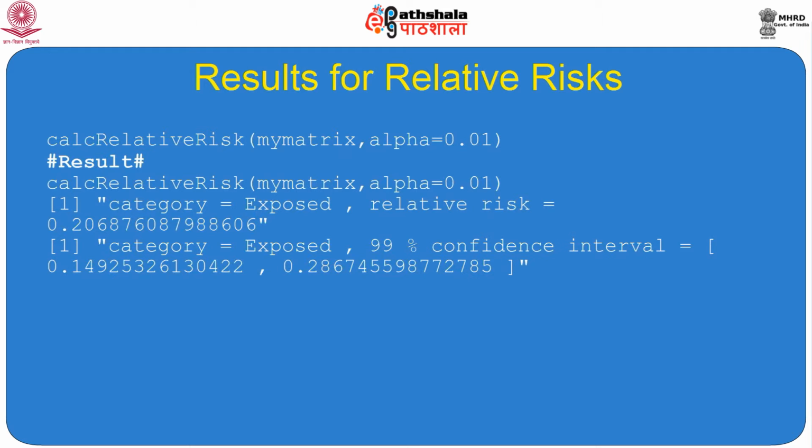So people who are exposed, consuming olive oil, have lower chance of disease, that is myocardial infarction. So it can be linked to the real life example as well, but it's not always that relative risks will be lesser, sometimes it may be more than one. So there are so many ways to interpret the relative risks.